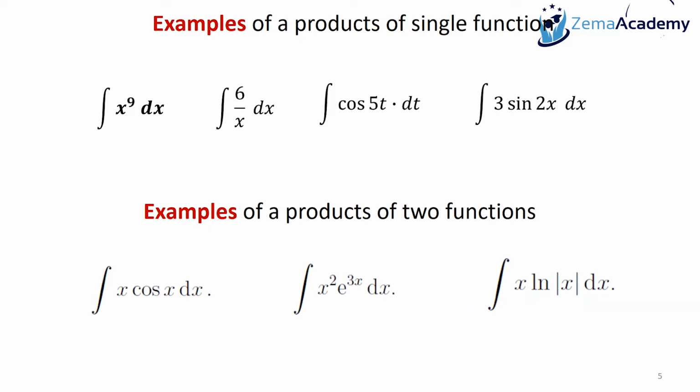And today's topic is to integrate the product of two functions. So we will not be integrating a single function, but integrating a product of two functions. In this case and this case, you can see that the integral consists of two functions. I hope this difference between a single function and two functions is clear.